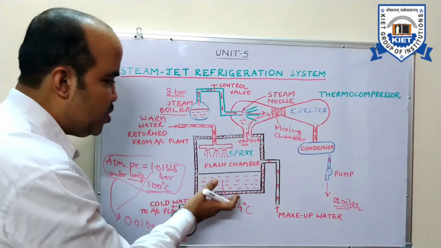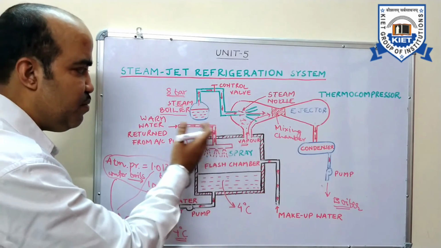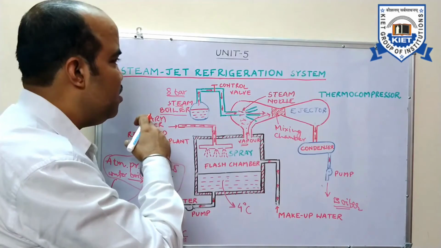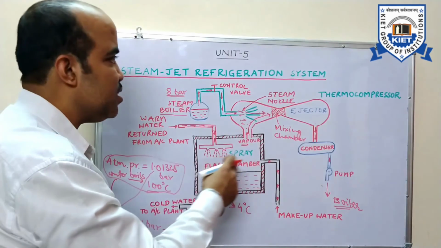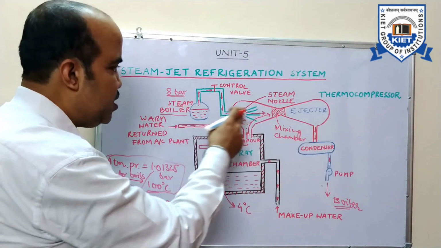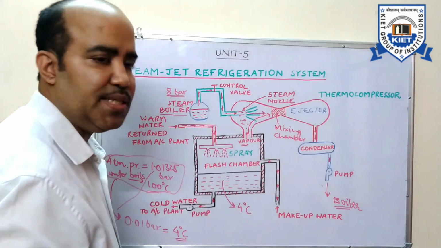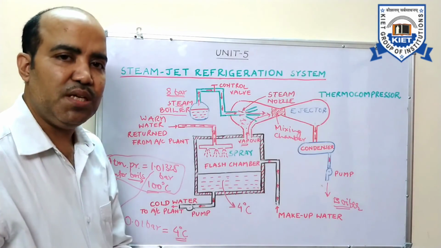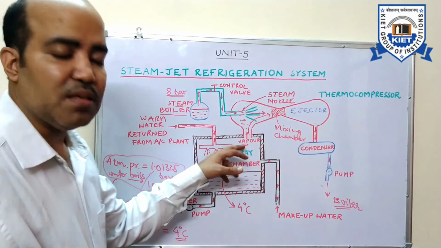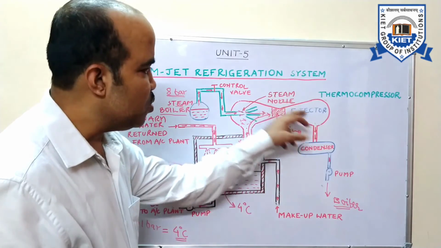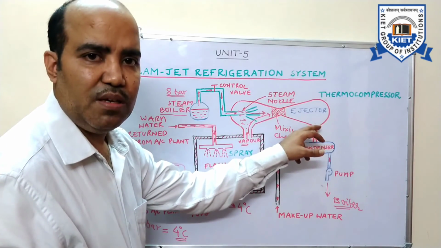So this is the complete working of the steam jet refrigeration system. It is a steam jet ejector refrigeration system because we are utilizing an ejector as a means to raise the pressure of the vapor from evaporator level to condenser level.